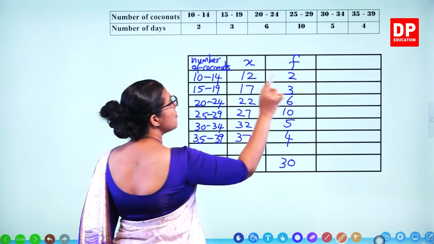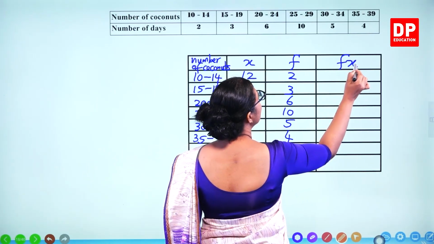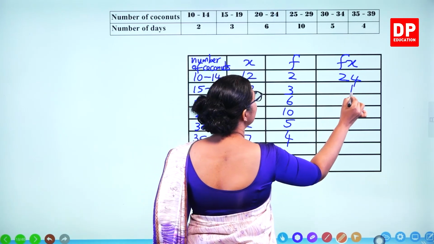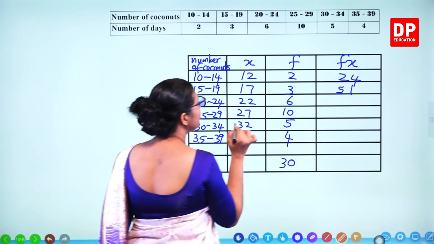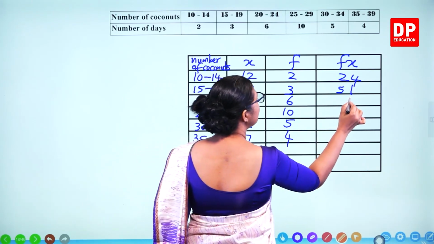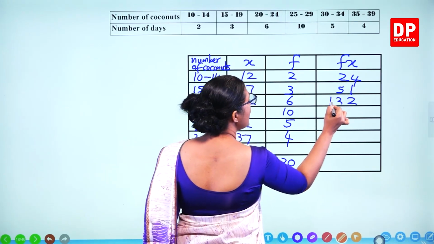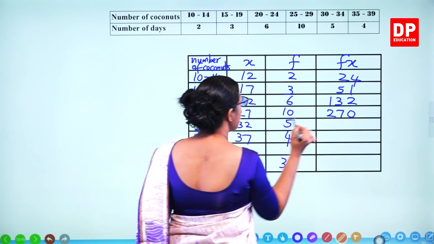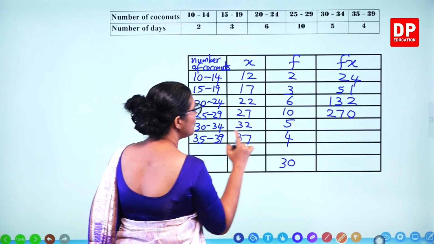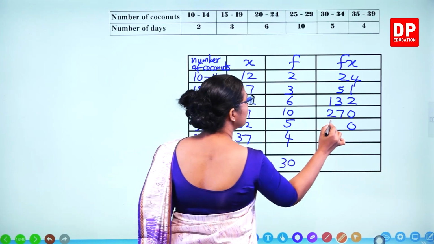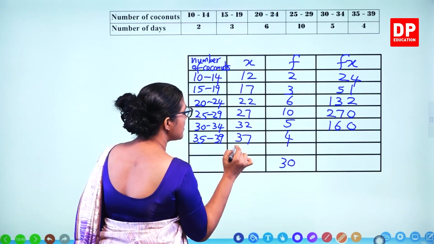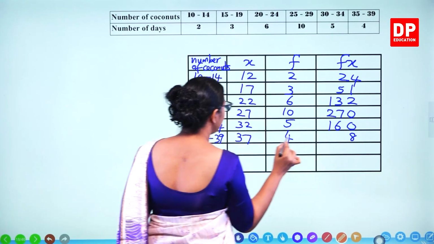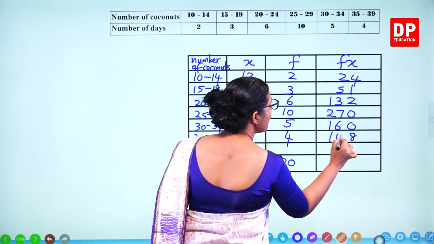Now you can multiply f and x. 12 times 2, 24. 17 times 3, 51. 22 times 6, 132. 27 times 10, 270. 5 times 32, 160. 37 times 4, 148.